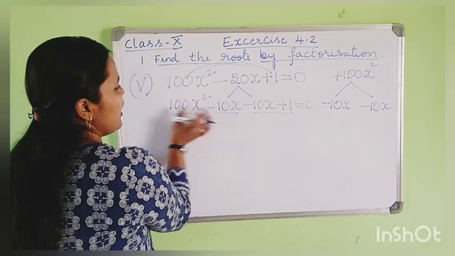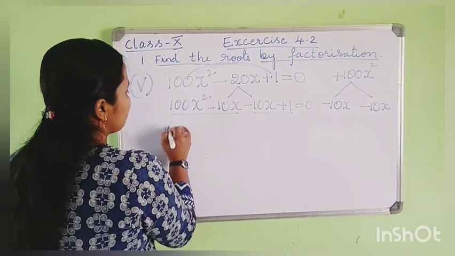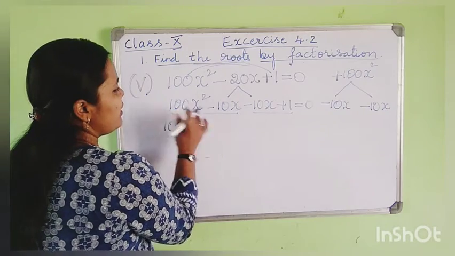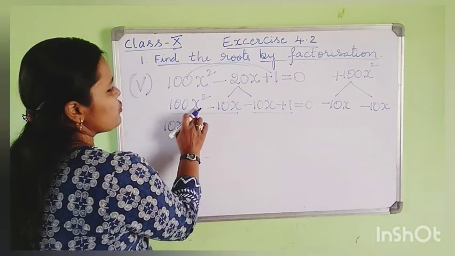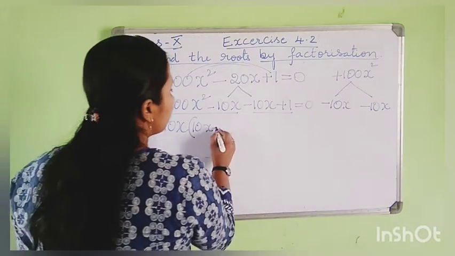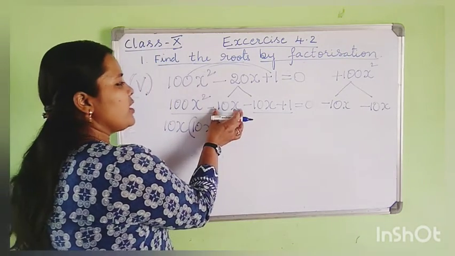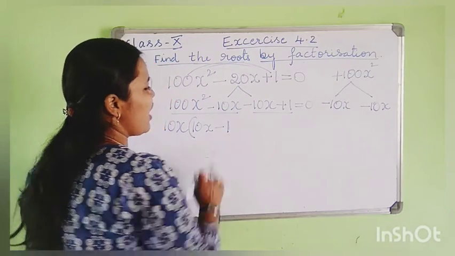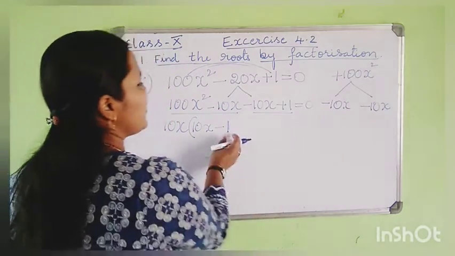What is the common among these two? 10x. So when we take out 10x, we have taken out 10 from 100x square, 10x is remaining. From x square, x we have taken out, x is remaining. Sorry. Minus 10x if you have taken, what is remaining? I told you 1. So it has unique value. It can multiply with any number.